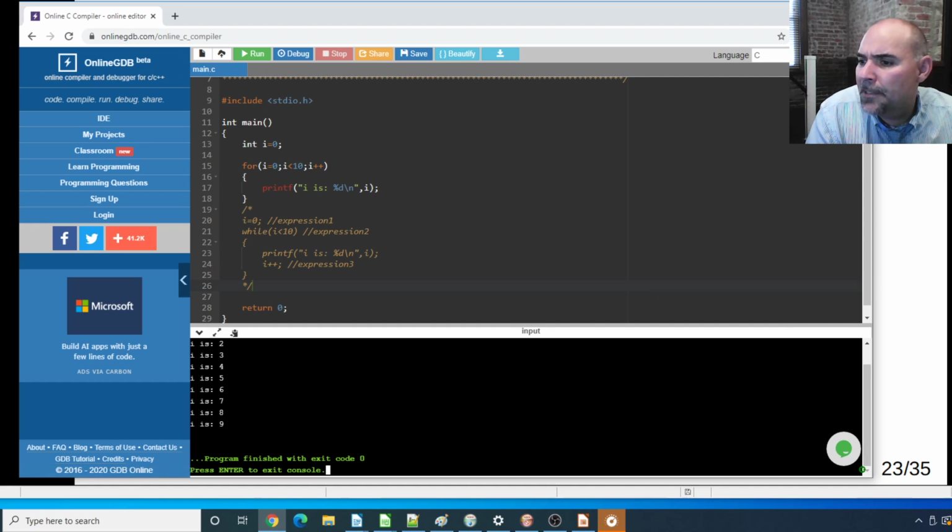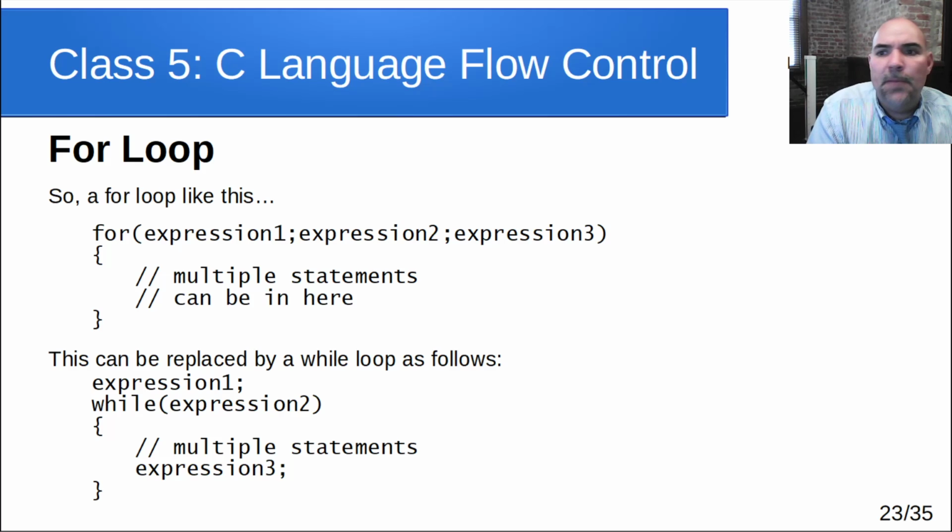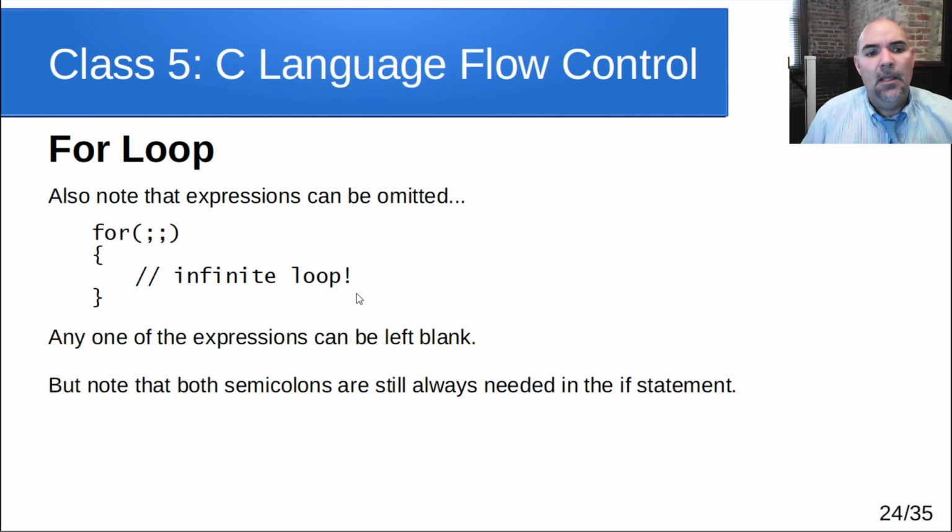All right, let's switch back to the presentation here. Okay, so back to what we were doing. We now know how the for loop works. And one thing to note is that you can omit any of those expressions that you want. So you still need the semicolons in there, but you can omit the expressions. So for example, if I leave all of them out, that creates an infinite loop. In other words, there is no while part here.